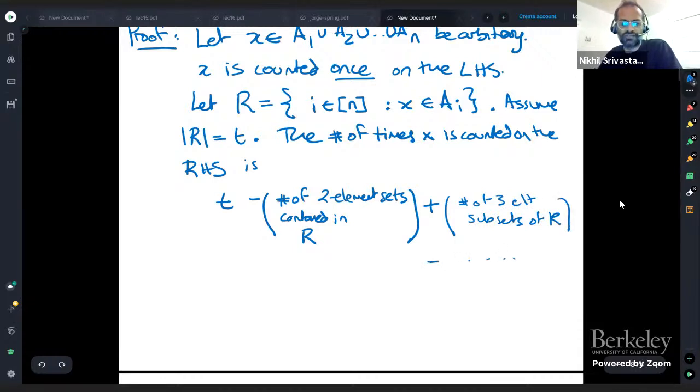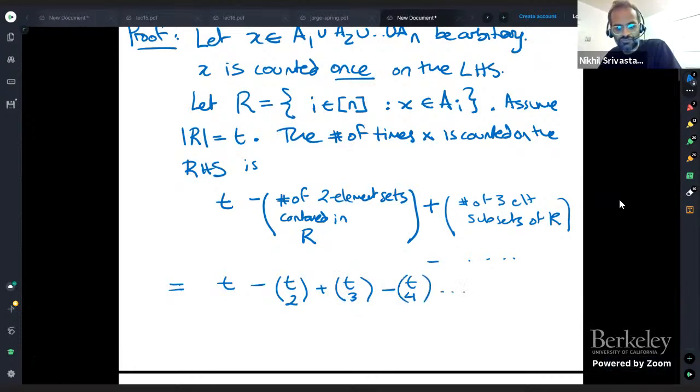You keep alternating. So if you write this out, what do you get? Well, you get T minus T choose 2, that's the number of 2-element subsets of R, plus T choose 3 minus T choose 4, all the way up till T choose T, which is going to have a sign that's (-1)^(T-1).